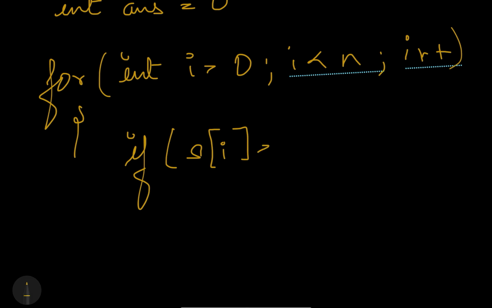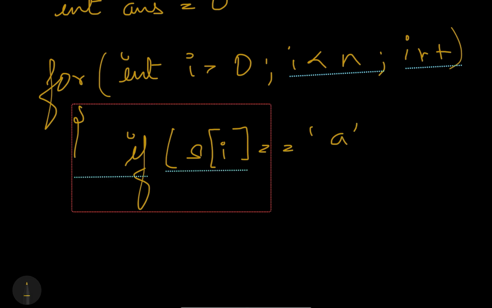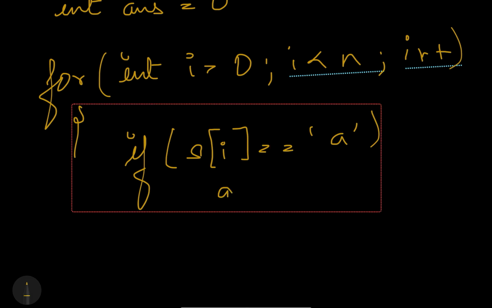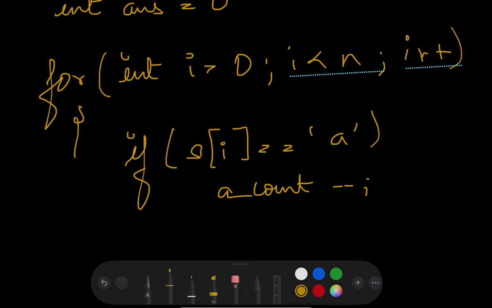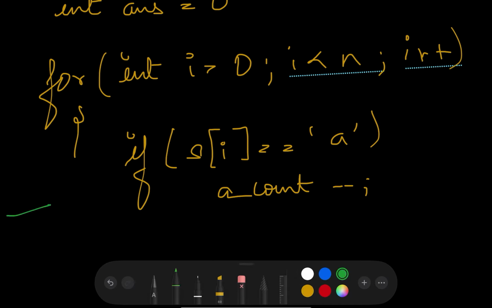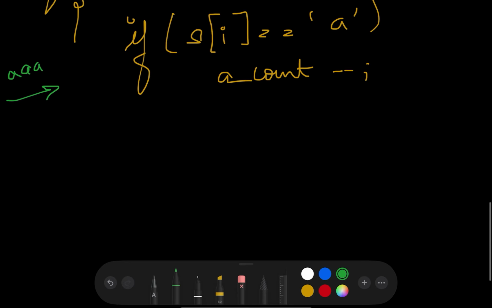So if we get any A, we'll do A count minus minus, because while traveling from the left side, we don't have to delete those A's.